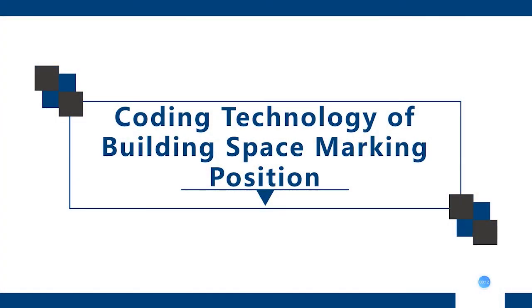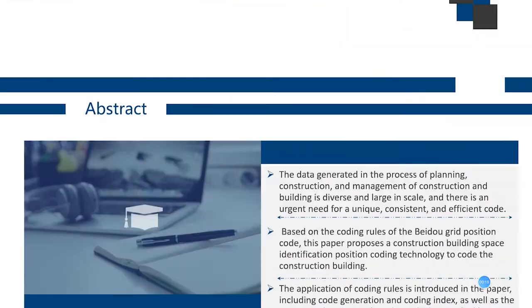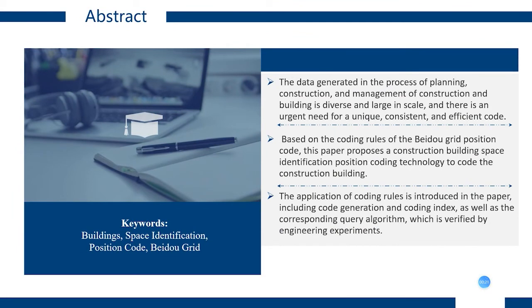My paper's title is Coding Technology of Building Space Marking Position. Firstly, let's look at the abstract. The data generated in the process of planning, construction, and management of construction and building is diverse and large in scale, and there is an urgent need for a unique, consistent, and efficient code.